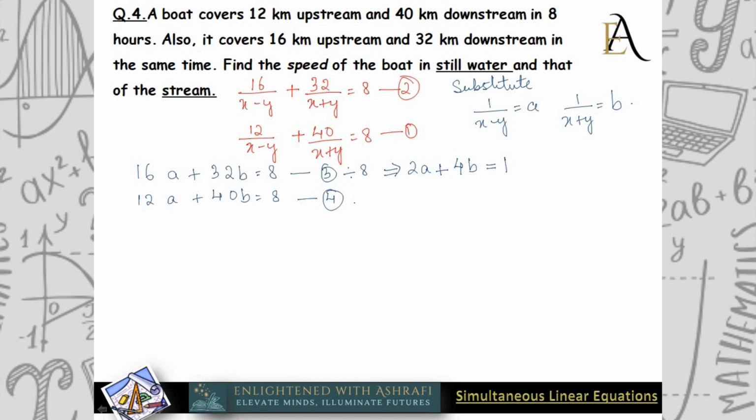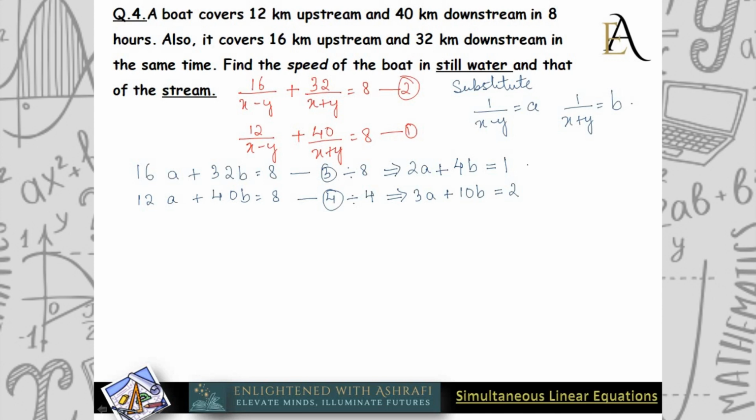If I divide the other by 4, I get 3a plus 10b is equals to 2.